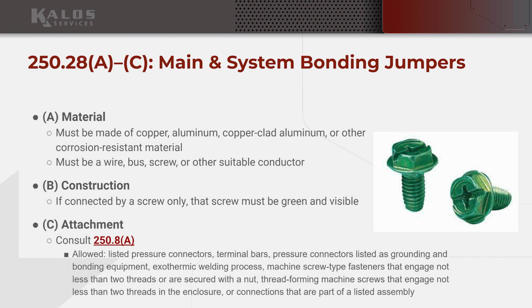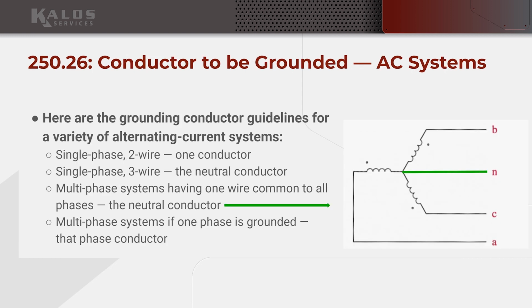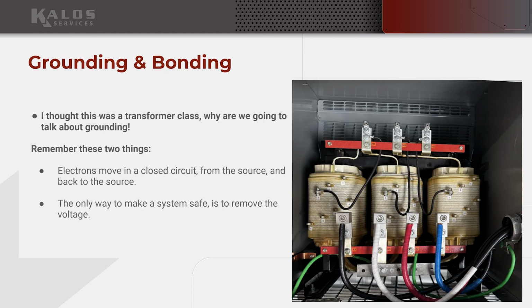Okay, 1031. Let's see. This illustration just shows where we are grounding on a Y-connected system. Our neutral comes off of our XO terminal. This is a transformer that's in progress right now. You can see the grounds haven't been landed yet, but this XO terminal is where this white wire terminates.